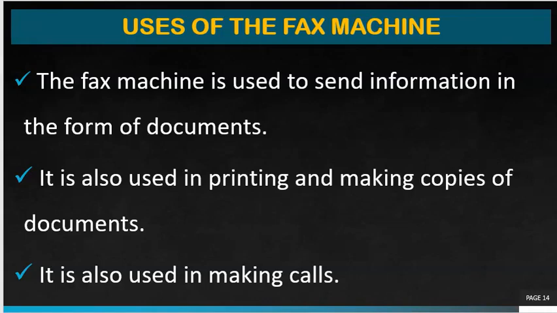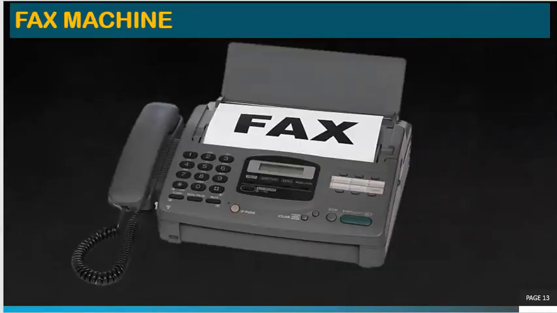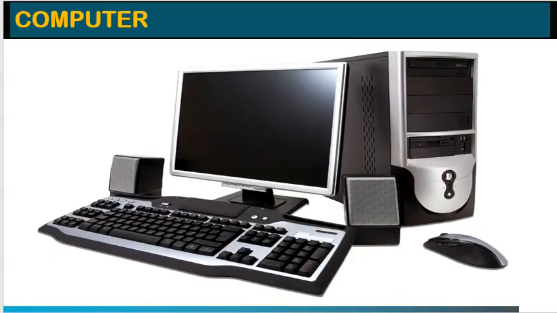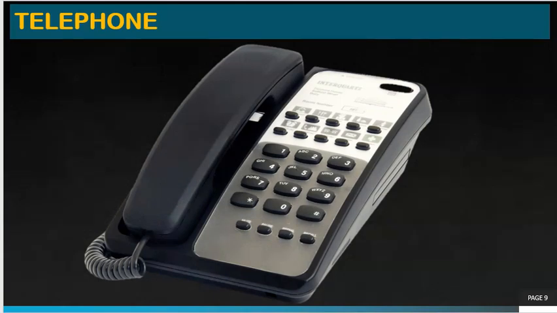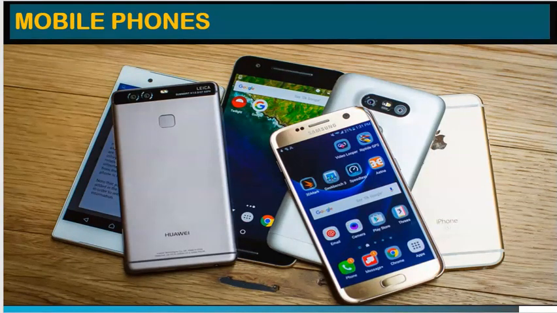We will go over it again. We made mention of the fax machine. The computer is also used to send and receive information. We also made mention of the telephone, and mobile phones or smartphones.